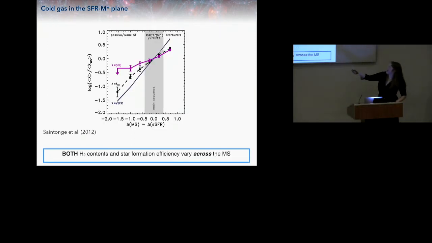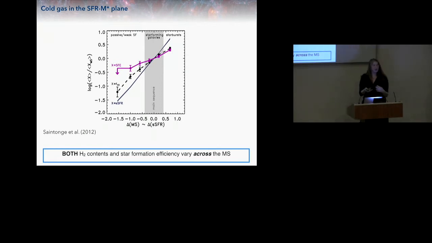The gray line here is our same benchmark. So we have normal galaxies in this gray band. We have highly star-forming galaxies on the right, and these passive ellipticals on the left here. The black line shows the mean gas content, and the magenta line here is the star formation efficiency. So what we see is that these galaxies that are very actively star-forming are more gas-rich than normal galaxies.